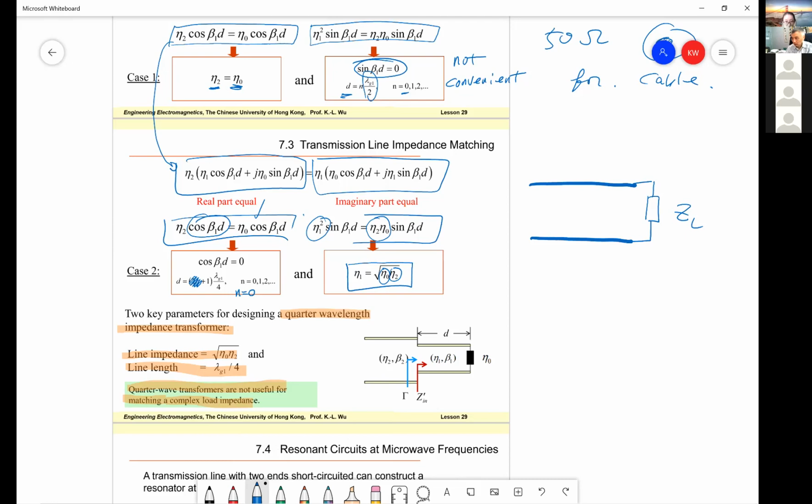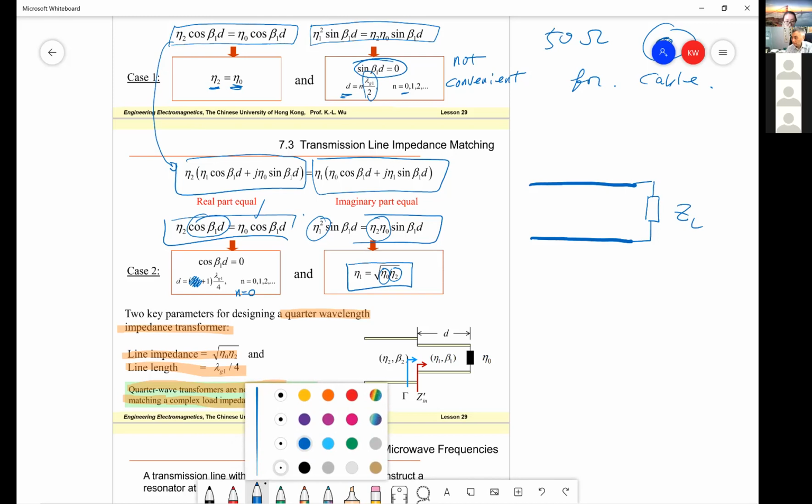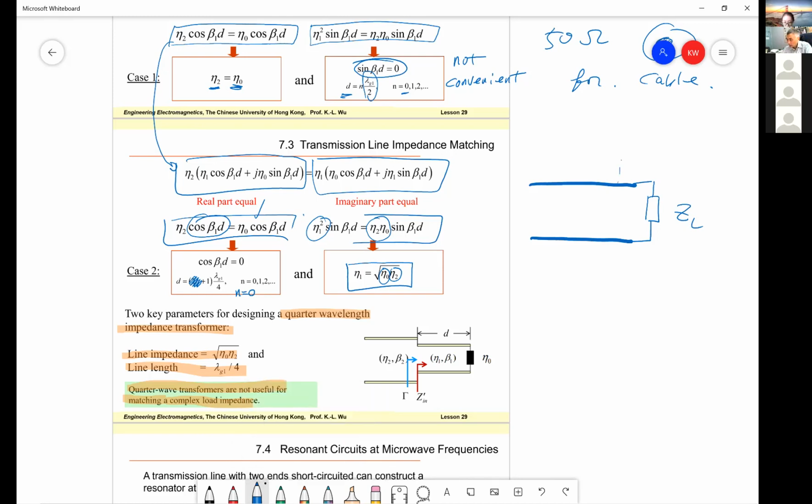If this is complex, then you can find a certain location where the voltage reaches a minimum. Then you can apply your quarter wavelength transformer here, or you can apply the quarter wavelength transformer here.